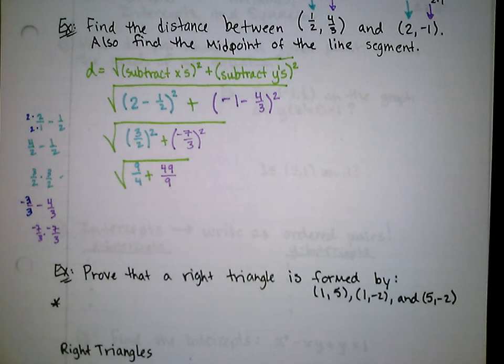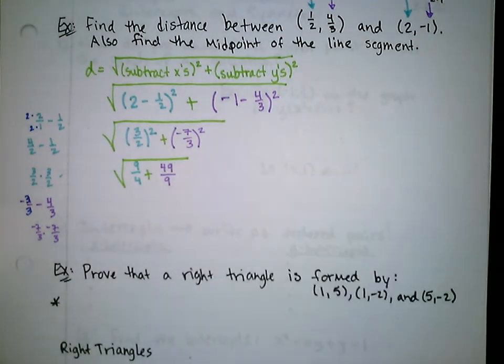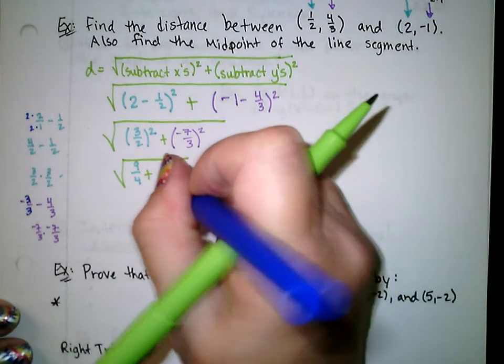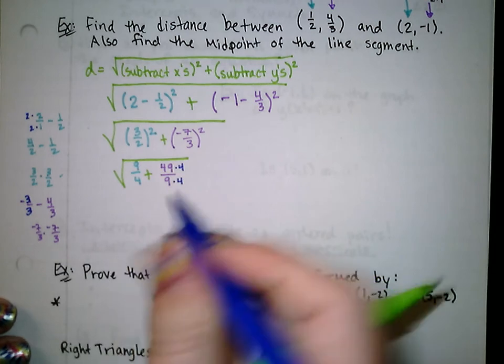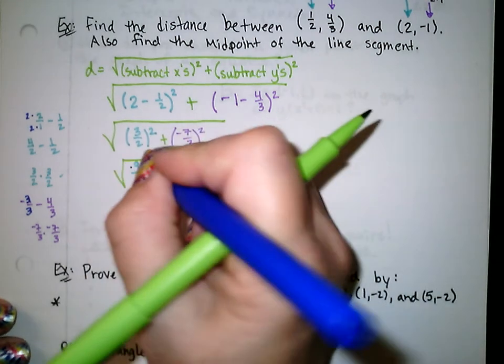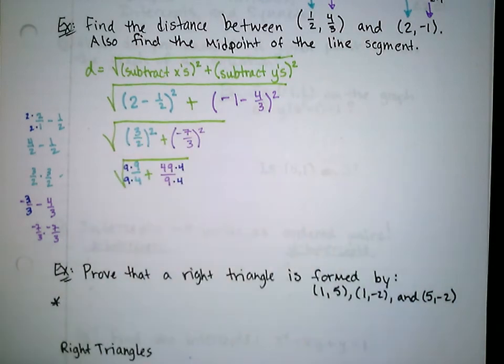Next, we're going to need to add those fractions that are inside the radical. And again, we need common denominators. So the LCD between 4 and 9 is going to be 36. So I'll need to multiply 9/4 times 9 over 9, and 49/9 times 4 over 4.